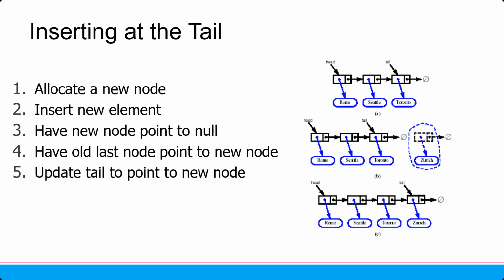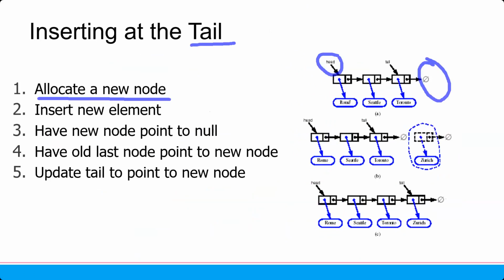There is another concept, we call it tail. Tail means I want to add at the end. So head is front and tail is end. We can allocate a new node.